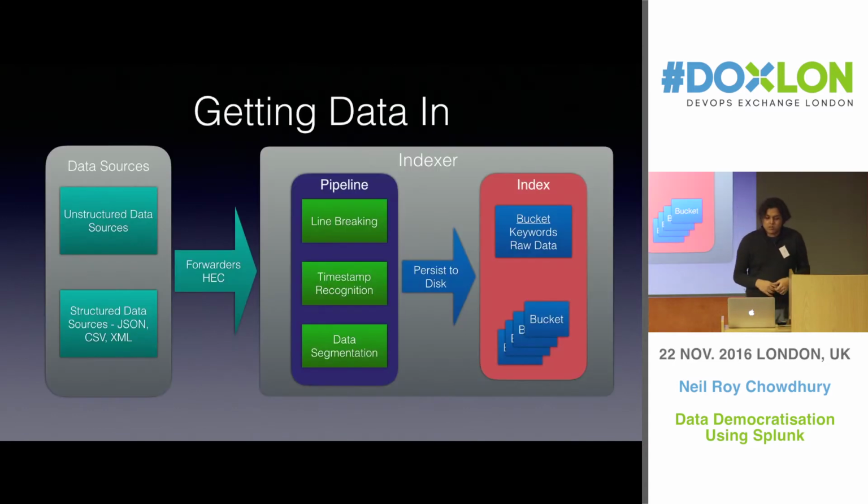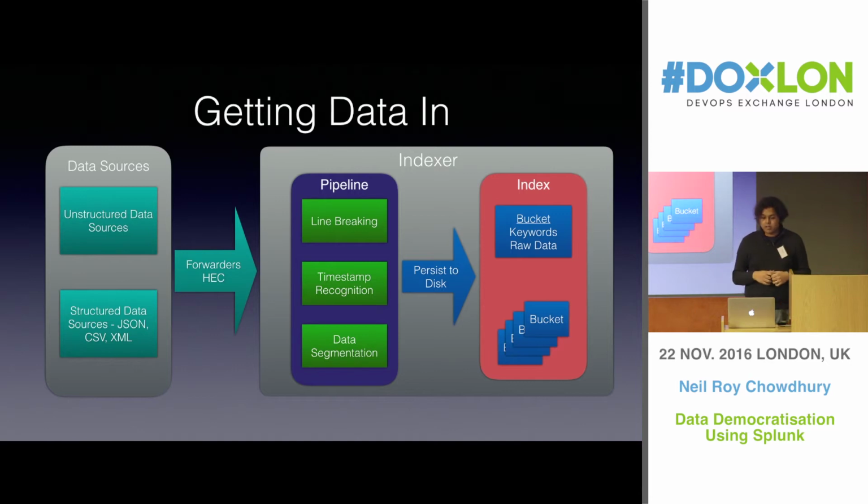So I'm going to go straight into some internals about Splunk, because of the semantics of how it works. You take your data sources and forward your data into an indexing farm, and within the indexing farm there's a pipeline. It does numerous things, but namely the line breaking and the timestamp recognition that you have to configure.